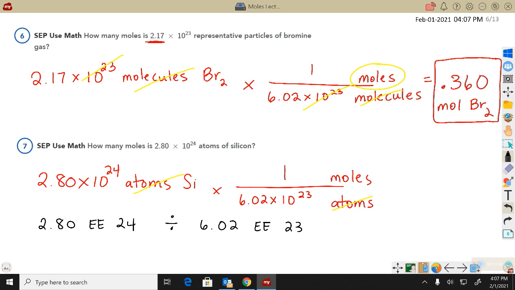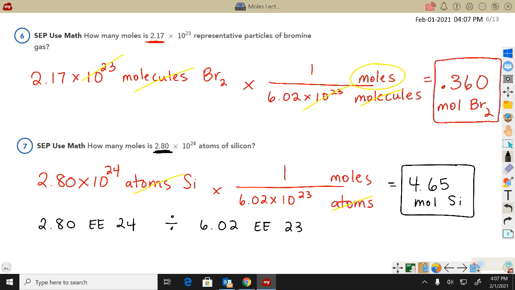So my calculator is telling me, and I'm going to round this to the first 3 digits because the initial data only had 3, 4.65, and that would be moles of silicone. So try plugging it in your calculator that way using this EE key and see if you get that answer, 4.65.